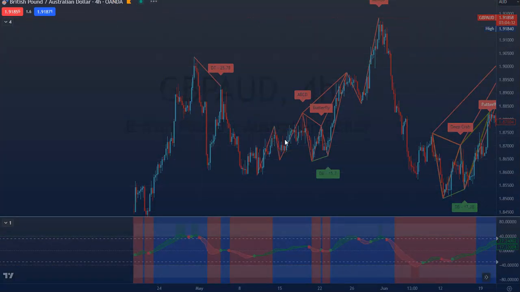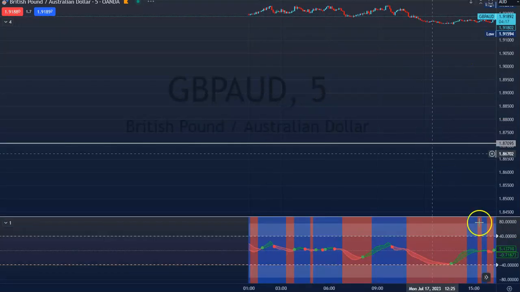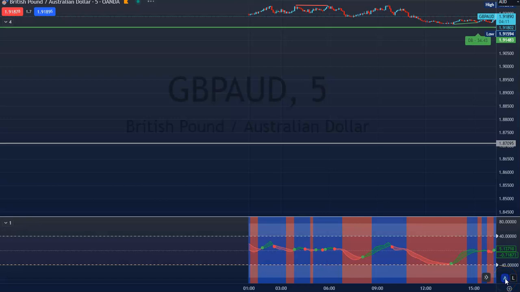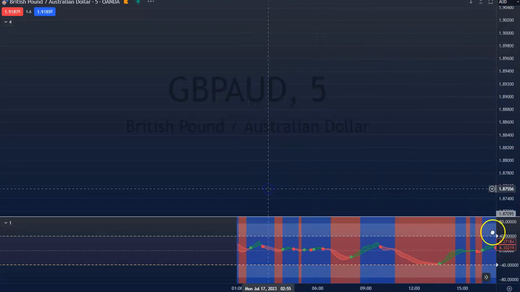Sniper entries are going to be found really more so on the lower time frame. I don't know why I'm looking around on the higher time frame. It's hard to get sniper entries on the higher time frame. Lower time frame is much easier. So you're going to see those. Hold on. See if I can make this look like something. No, nothing?